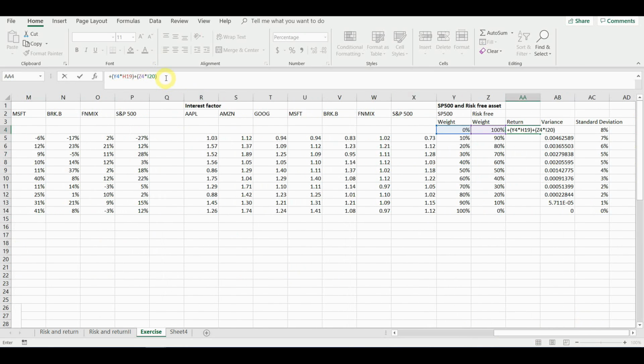Press F4 here and here. Drag down the formula.